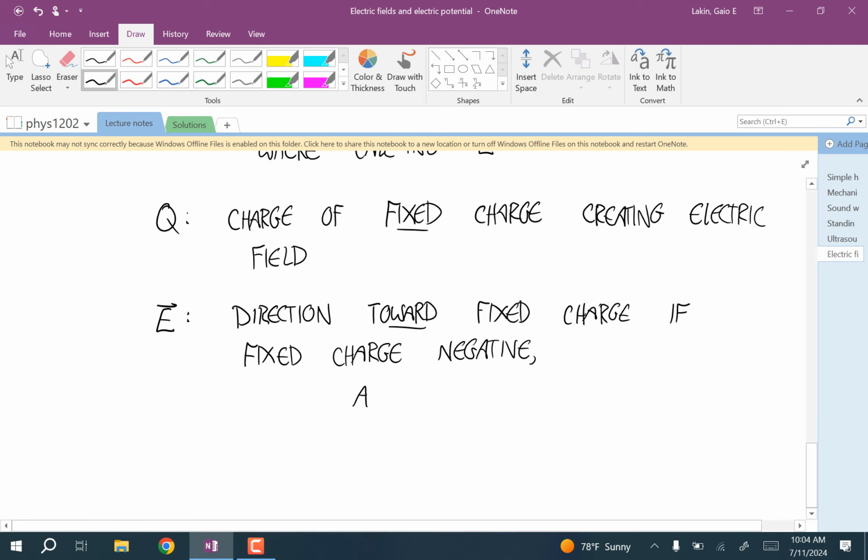And away from the fixed charge, if the fixed charge is positive.